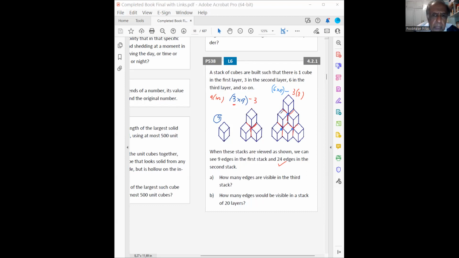So you've got 6 nines. The 6 is coming from 1 plus 2 plus 3. And here you've got minus 3, because each Y has got 3 things which are counted. But how many are there? There are 3, which is really 1 plus 2, the blue ones. So if you go into 20 layers, the next question is how many are visible in 20 layers?